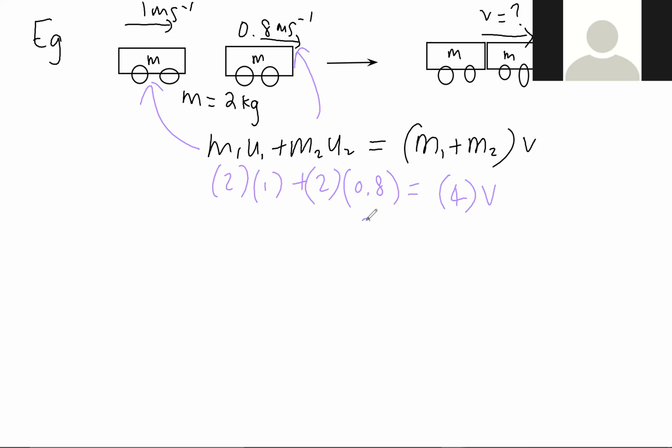Then you find v, 3.6 equals 4v. v equals 0.9 m s^-1. So this is the final velocity of both trolleys, moving at 0.9 meters per second.